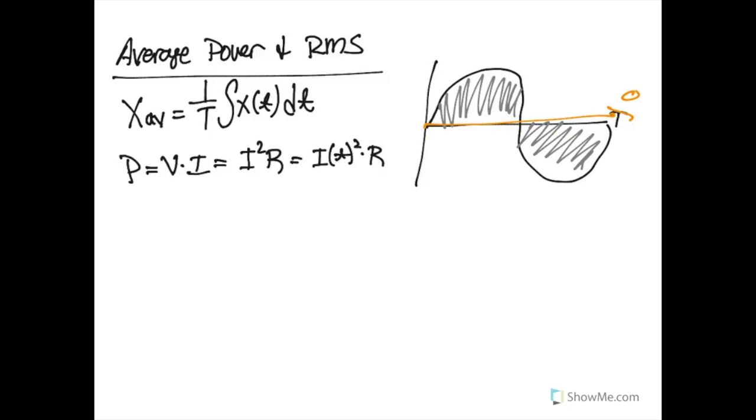This is our instantaneous power based on time that passes through some sort of resistor. Now we can ask the question, what would be the average power of that signal? I'm going to apply the same integration across our average power, but it's going to be across our I squared R function.